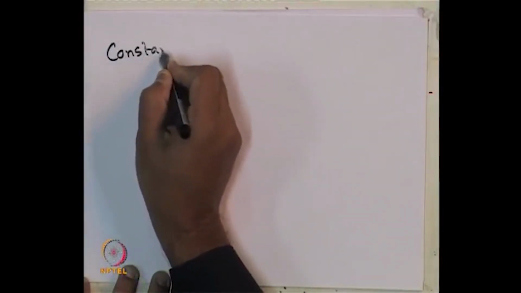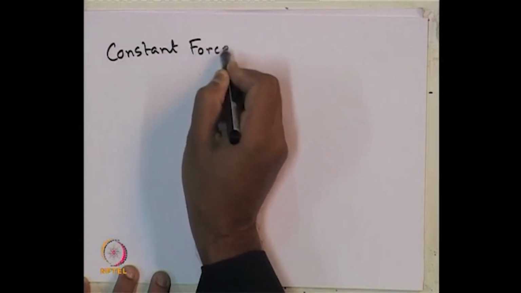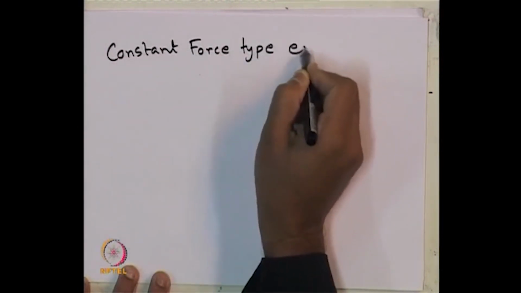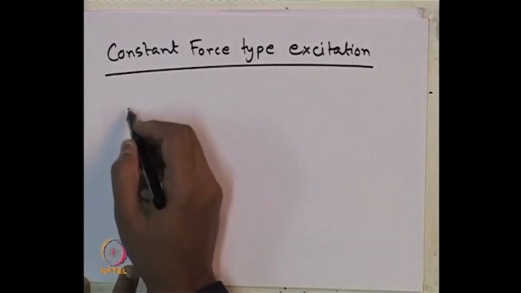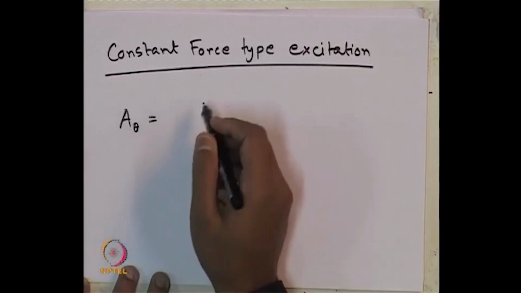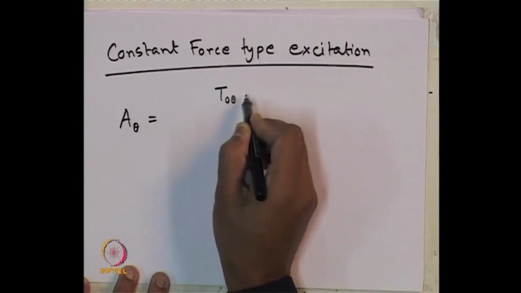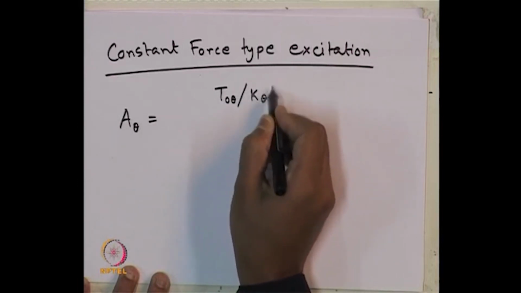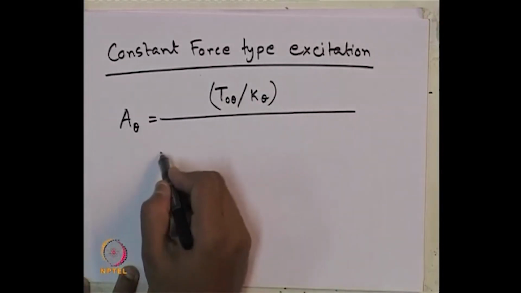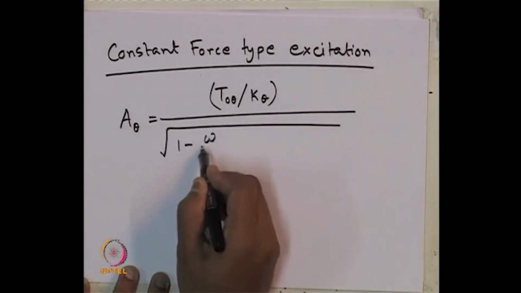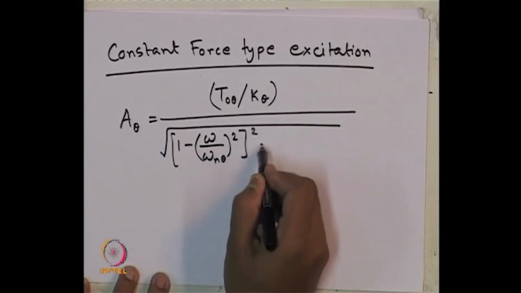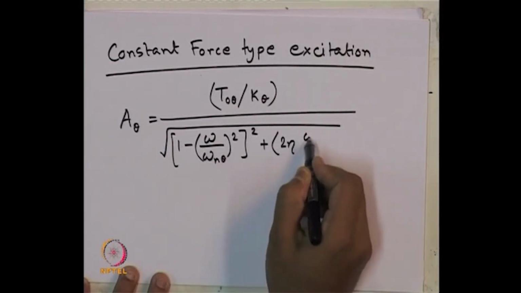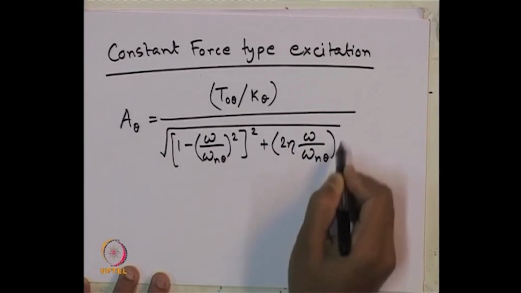Let us start with constant force type excitation. Constant force type excitation will have the expression to compute the displacement amplitude A theta, which is nothing but T naught theta by k theta divided by root over (1 minus (omega by omega n theta) whole square) whole square plus (2 eta omega by omega n theta) whole square.